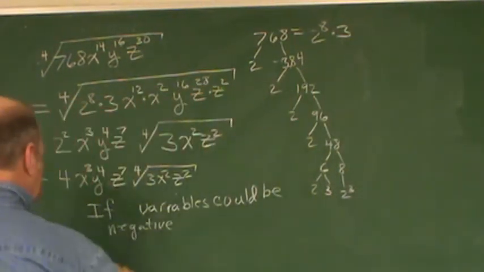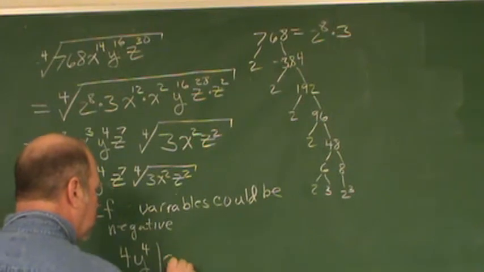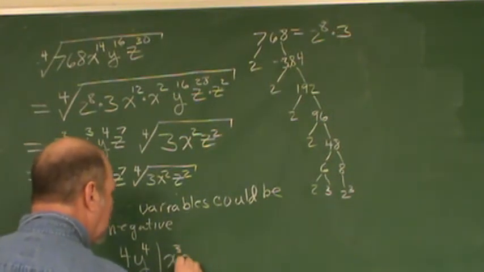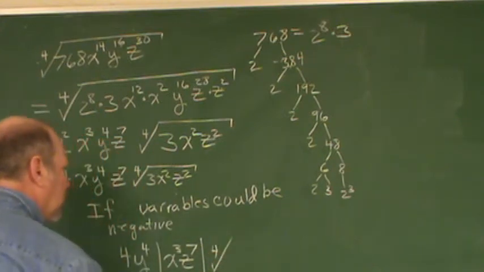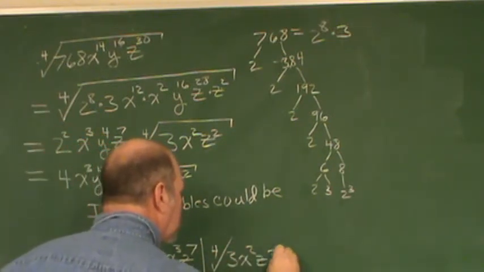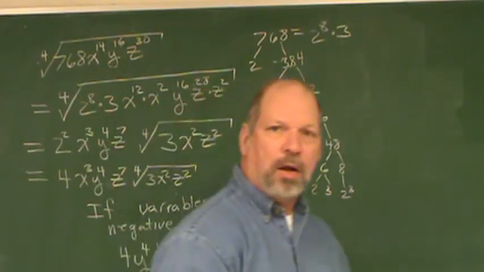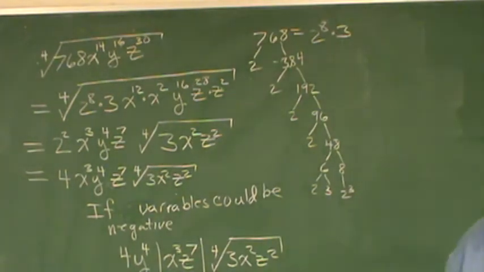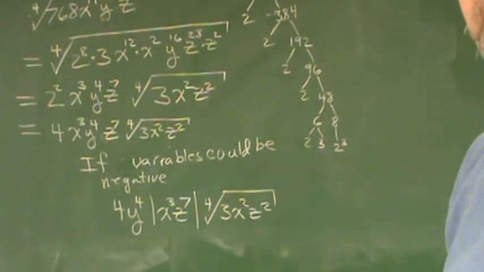So this is going to be 4y to the fourth, then the absolute value of x cubed, z to the seventh, that whole mass times the fourth root of 3x squared z squared. Okay? And if we don't have the fact that all variables are positive, that would be our final answer.